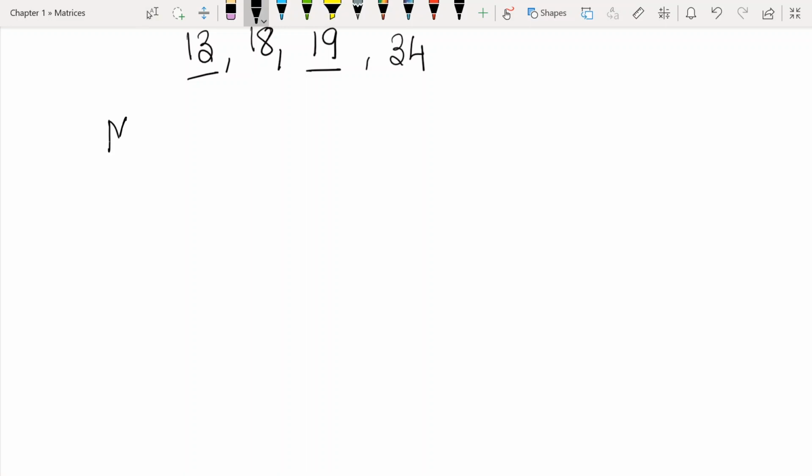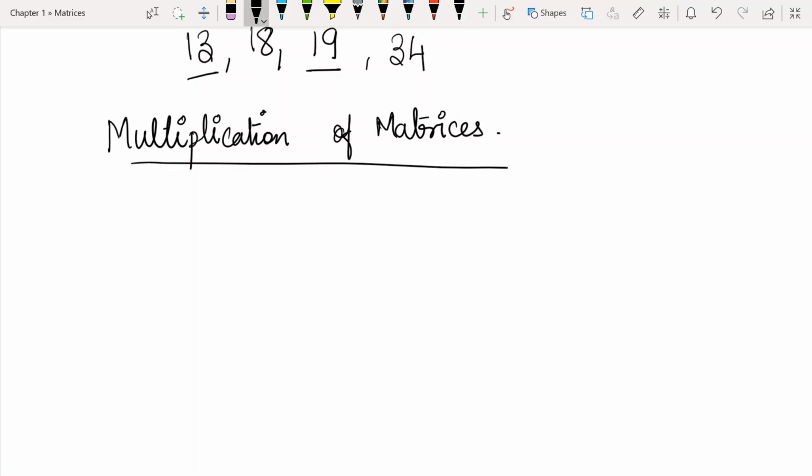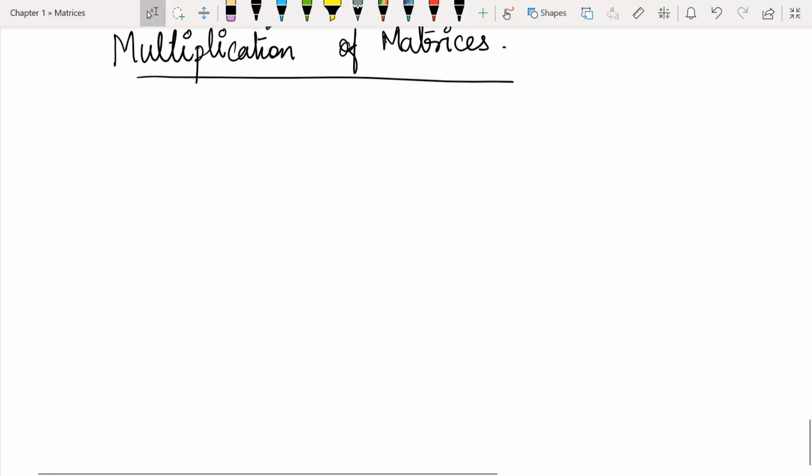Now let us go to multiplication of matrices. Let me just reiterate the rule. What does the rule say?